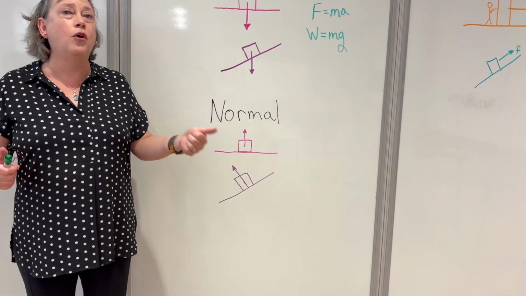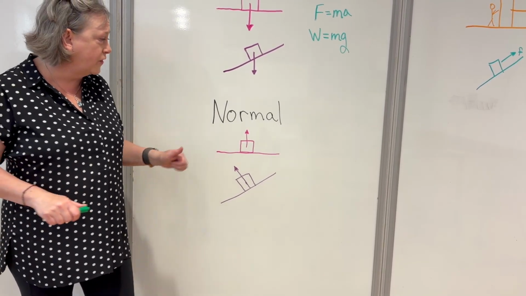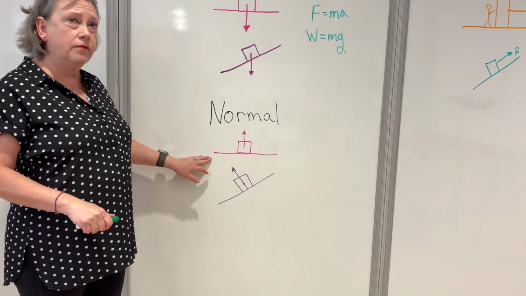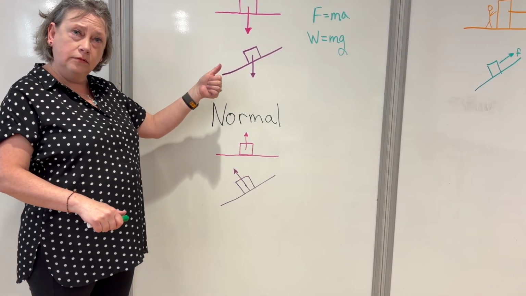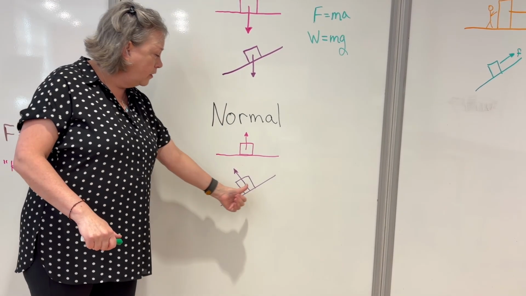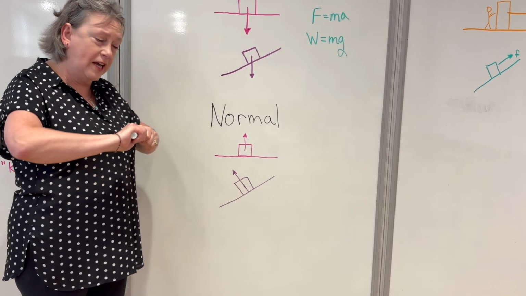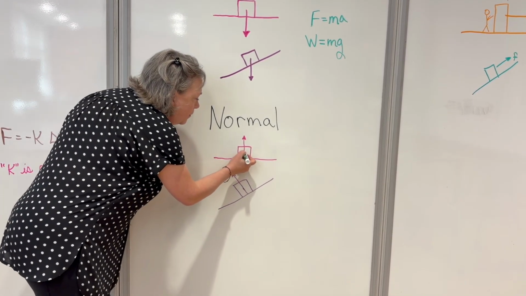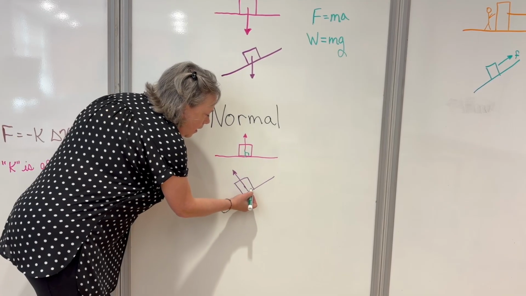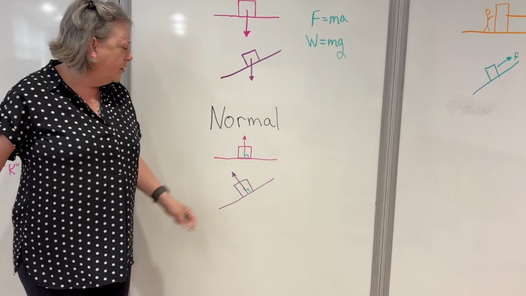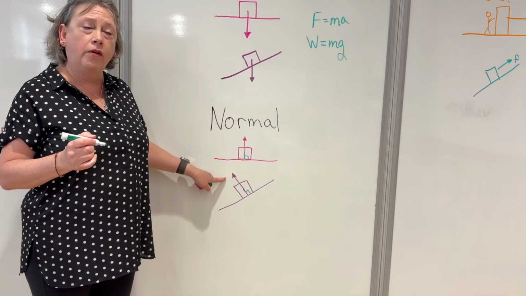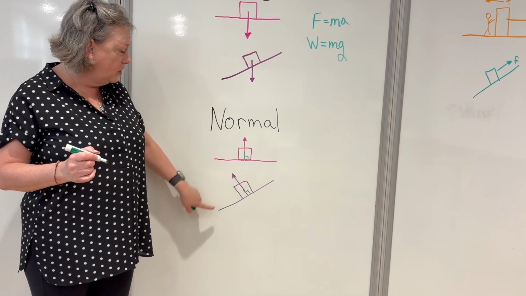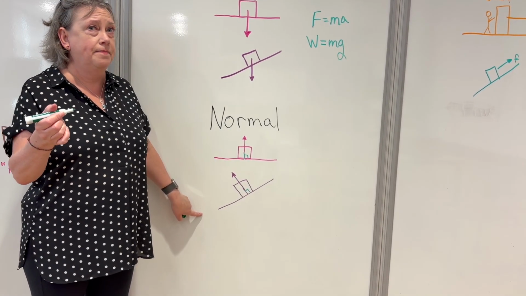The normal is always perpendicular to the surface. So if it's flat, the normal acts up. If it's on a ramp, the normal is going to be kind of diagonal, because in both of these cases, the vector, the normal force, is perpendicular to the surface.